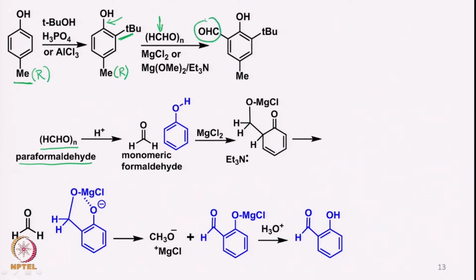onto the ortho position. So once we have introduced the tertiary butyl group, paraformaldehyde is reacted with it in the presence of Mg2+, either as magnesium chloride or this type of magnesium salt, in the presence of a base like triethylamine.